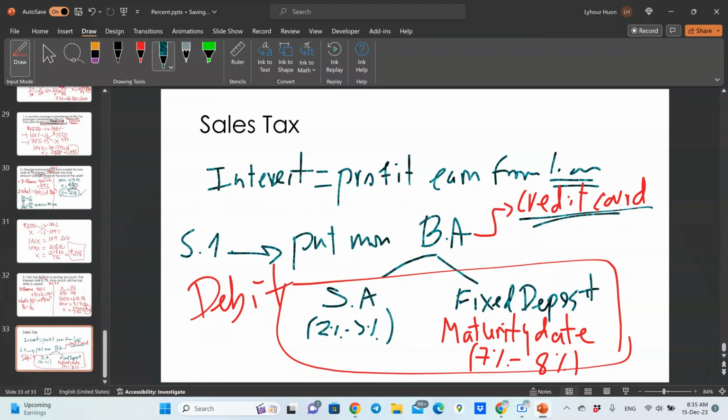Wait, what would they do? If you don't repay on time. Let's say today I don't have money in a bank account, but I have a credit card with a value of about $1,000. So I go shopping and spend, let's say, $500.